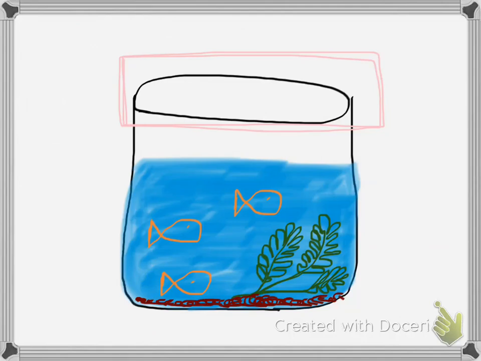Okay, so the heterotrophs, they're producing CO2 that the autotrophs need, and the autotroph is producing O2 that the heterotroph needs. But would my aquarium last as long?